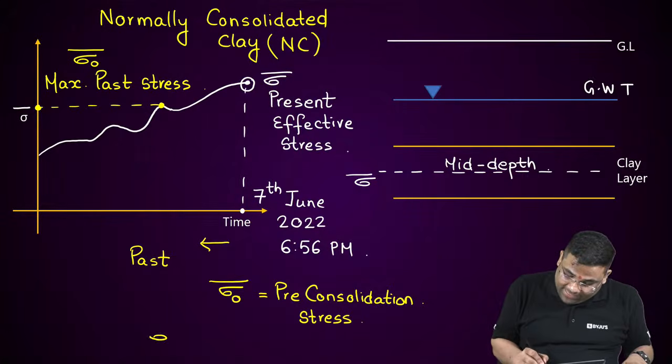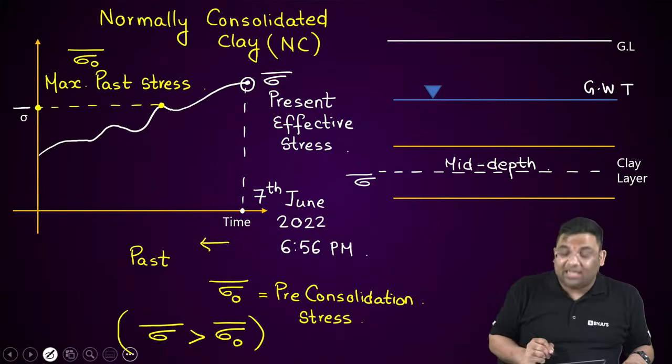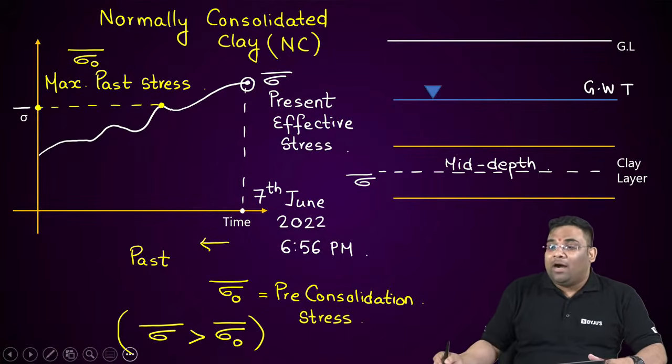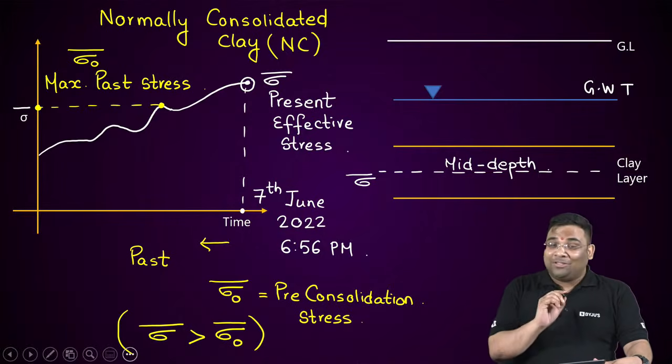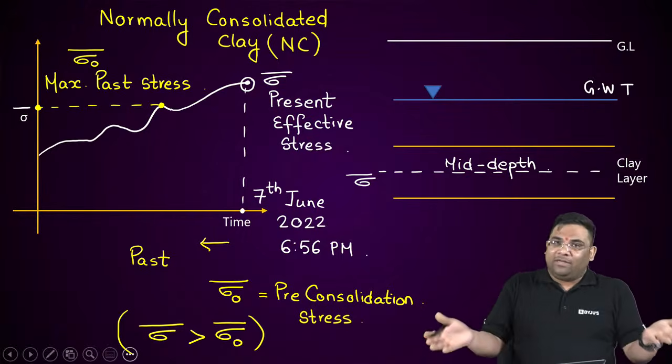So if the present effective stress is more than the pre-consolidation stress, or the maximum past stress, that particular type of clay I will call normally consolidated clay. If somebody asks you the definition of normally consolidated clay, the answer is very simple.